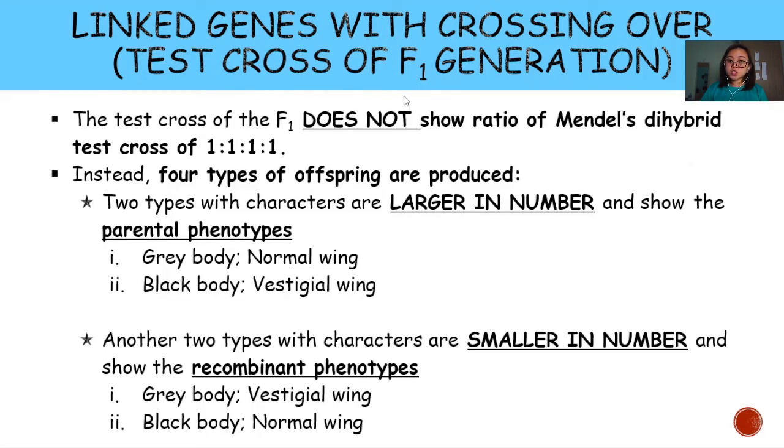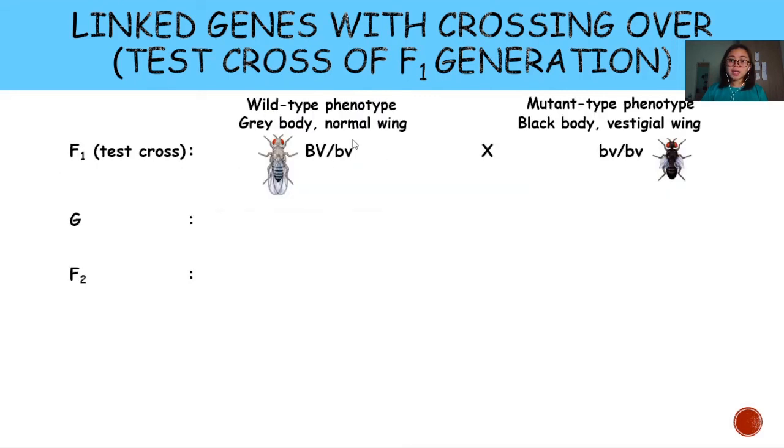If we do test cross of F1, F1 tadi adalah B besar V besar slash B kecil V kecil. Kita buat test cross means kita cross dengan B kecil V kecil, B kecil B kecil. Gamet yang akan dihasilkan oleh ini adalah B besar, V besar, B kecil, V kecil.